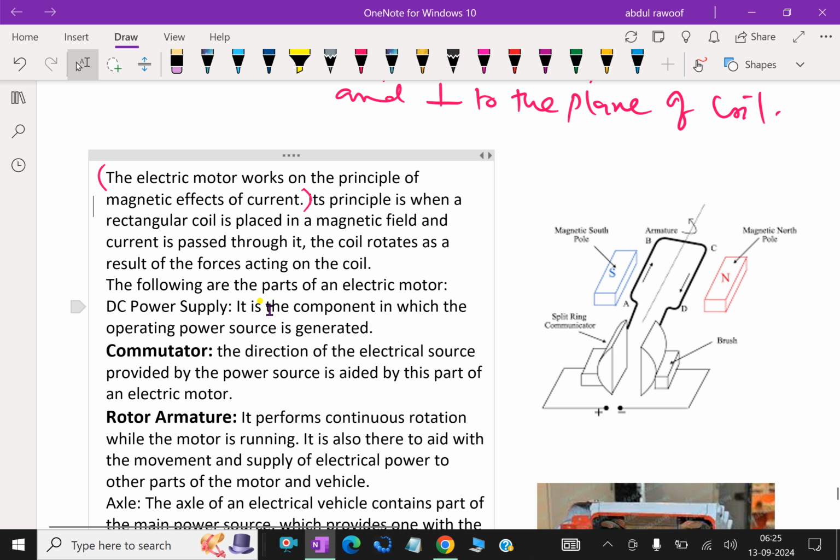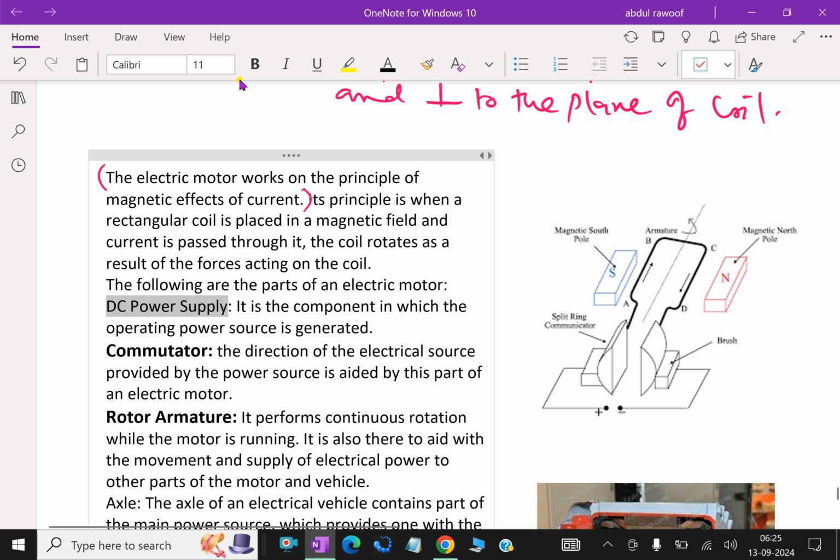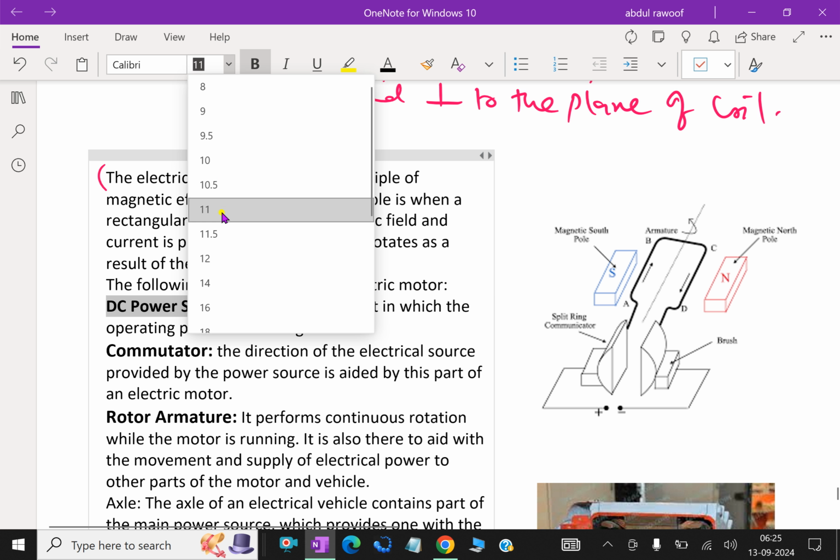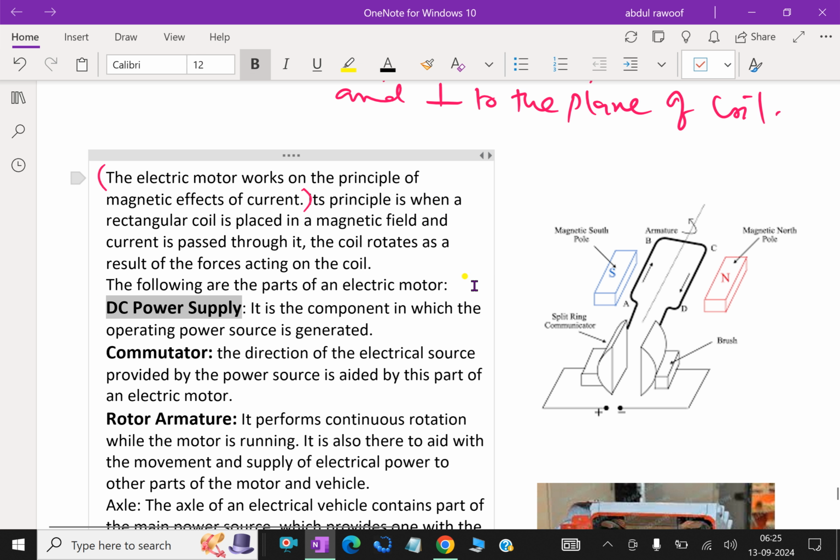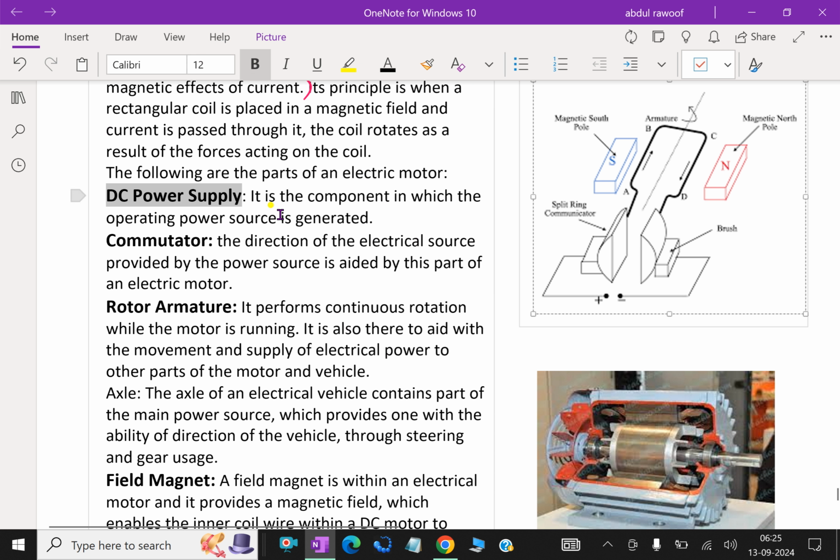The following are the parts of the electric motor. First, the DC power supply, the component in which the operating power source is generated.